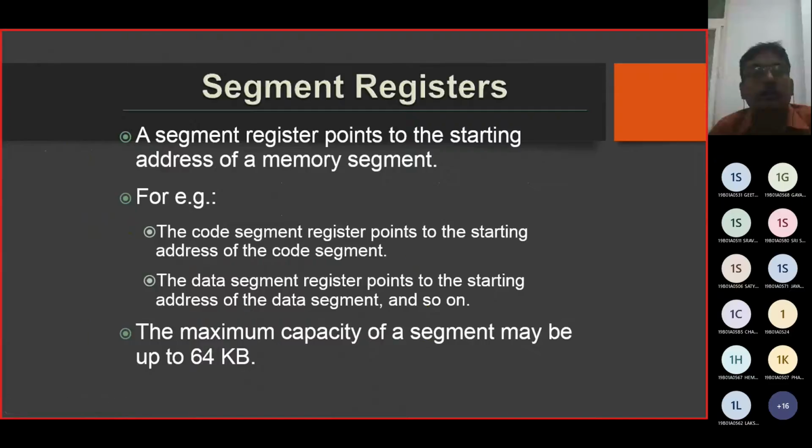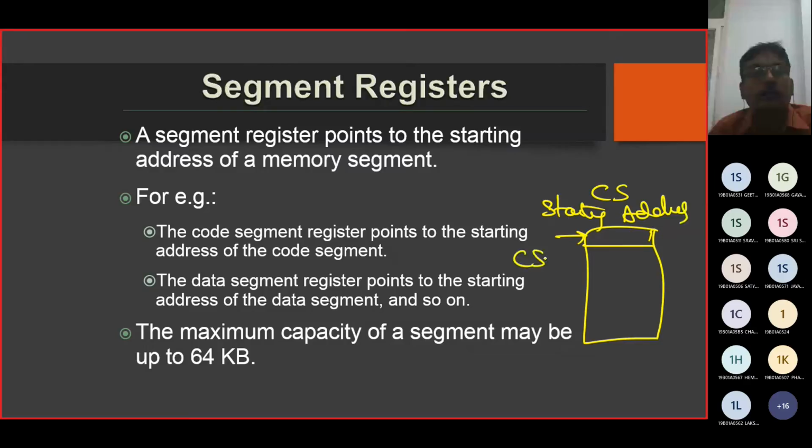Now, we already mentioned that for a code segment, the starting address is given by the CSR, the code segment register, and this register is going to be 16-bit. So the 16-bit code segment register points to the starting address of the code segment.